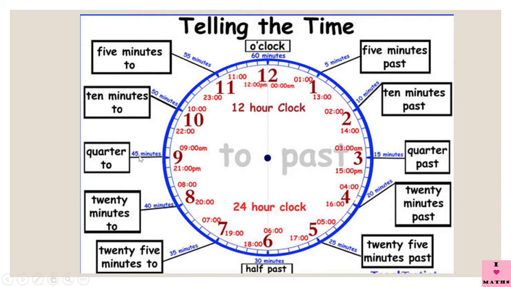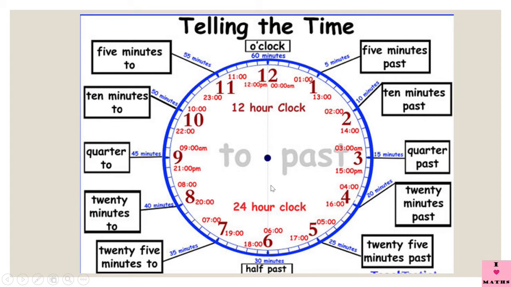So that is the reason we call the time quarter to. And quarter to means 15 minutes are left for the next hour. 15 मिनट बाकी हैं अगले घंटे के लिए quarter to. I hope you understand this.